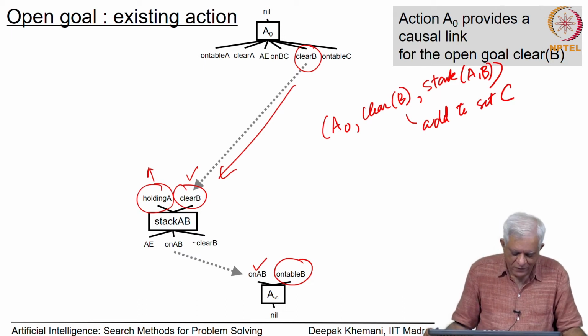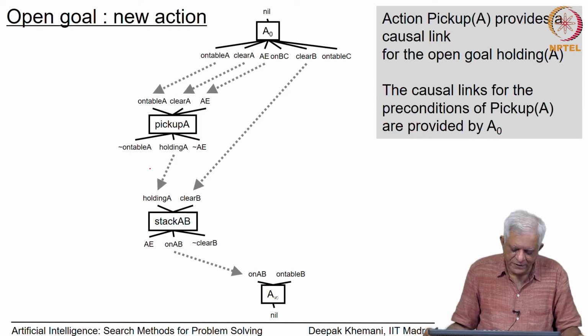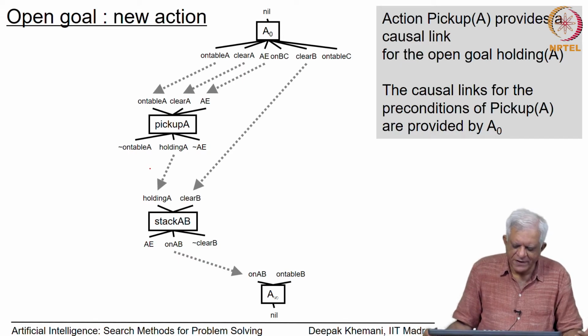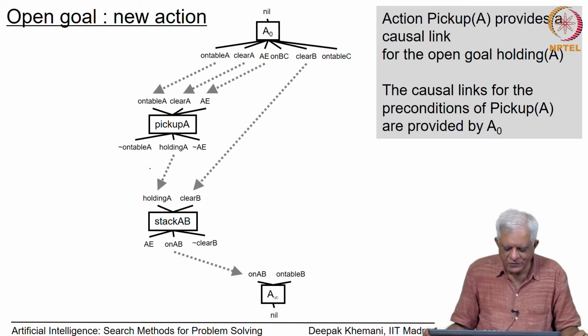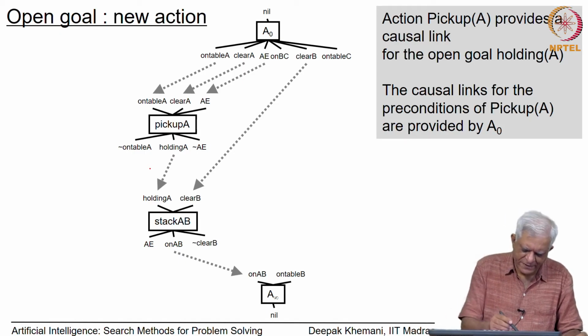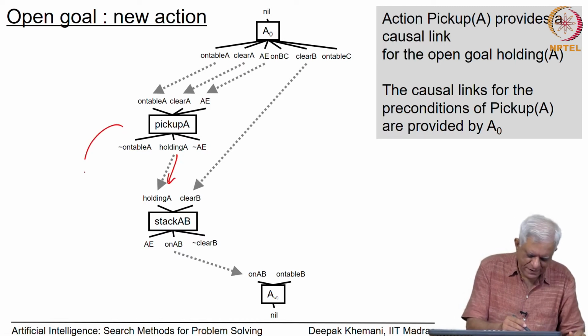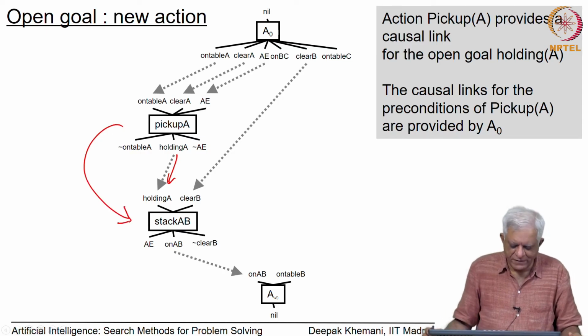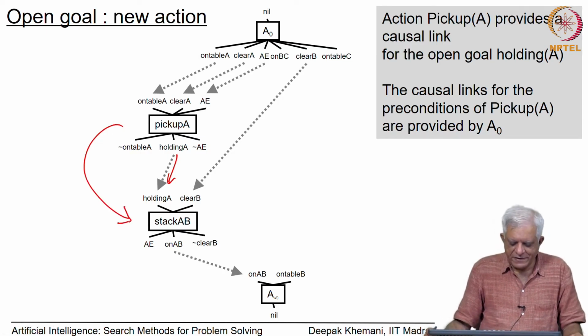So, we need a causal link for holding A, and that will be provided to us by pickup A. Like in goal stack planning, we could have chosen either pickup A, or unstack A from something, but let us say that somehow we have managed to choose this action pickup A, inserted it into the plan, that means added it to the set of actions, established this causal link here, established the ordering link which we have not shown, and so on.